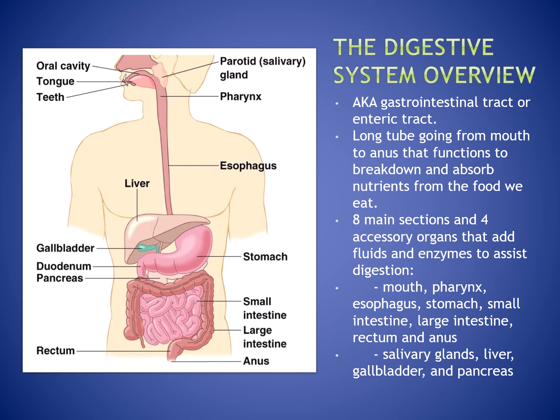So what are some of those other organs that are associated with the digestive system? You've got things like your liver, your gallbladder. Those are really important when it comes to being accessory organs that will add fluids and enzymes. The pancreas is also included in there in order to assist in the processing of food when we consume it.